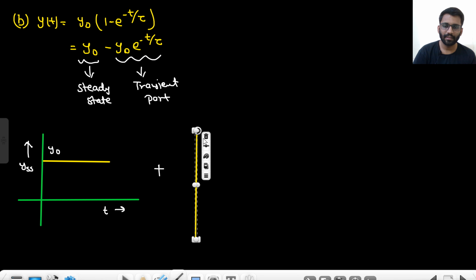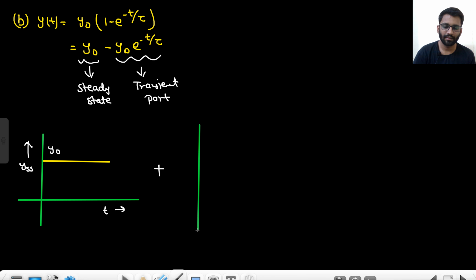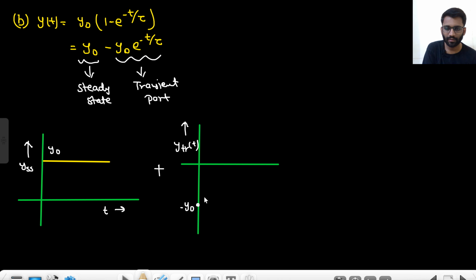In the transient part, the negative sign will be included as well, because we are always writing steady state plus transient. So if there is plus, the negative sign will also be included. So this is the transient part. At t equals 0, it will start from minus y naught and will decay down to 0.